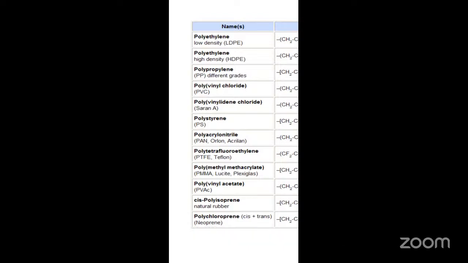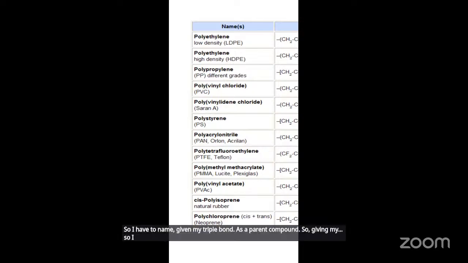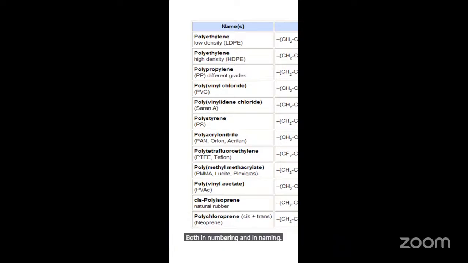You can't count 3 without counting 2. So I have to name, giving my triple bond as a parent compound, so I have to start from the double bond and end in the triple bond, both in numbering and in naming.